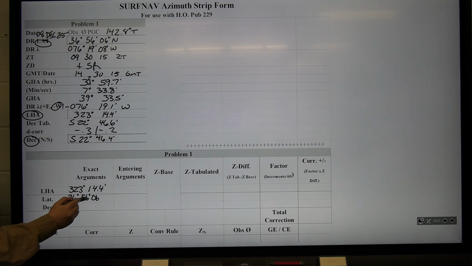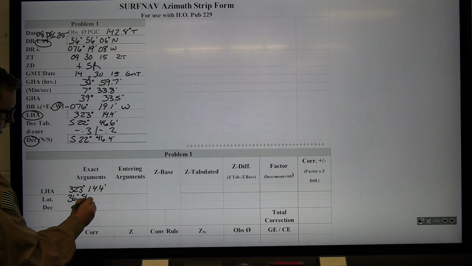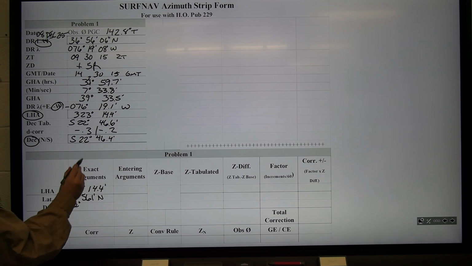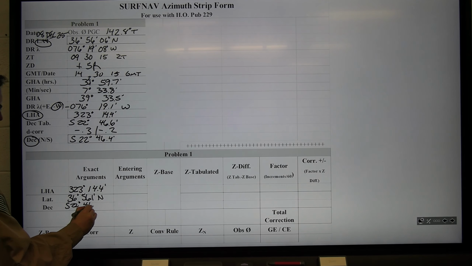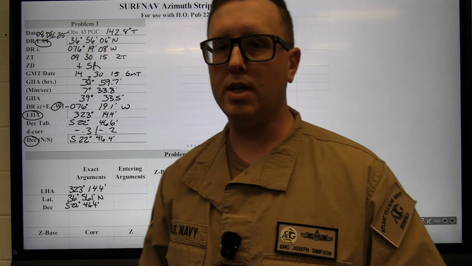Now I'm going to take that 0.6 and just convert it to a decimal, making this 56.1 north. Write the north in because we're going to talk about it later. And the declination, south 22 degrees, 46.4 minutes. And the south there, write the south in because we need that when we go into the site reduction table.